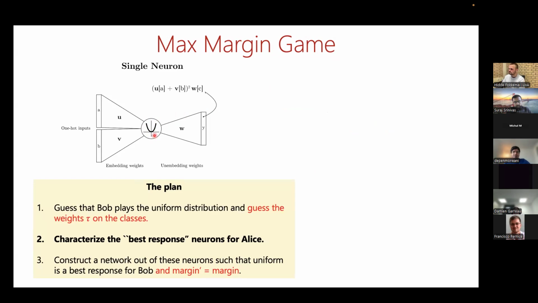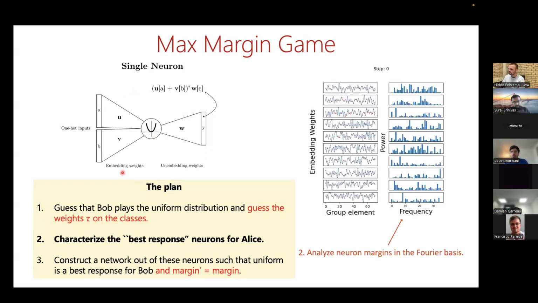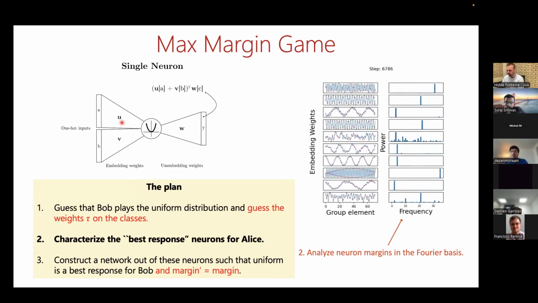Now let me show, when we actually train a neural net on these things, how the embedding weights look. This is just U. As training progresses, we can see these really become one sparse in the frequency basis.